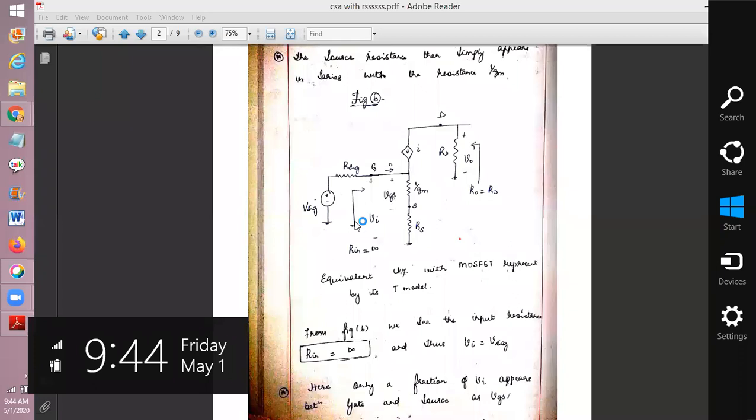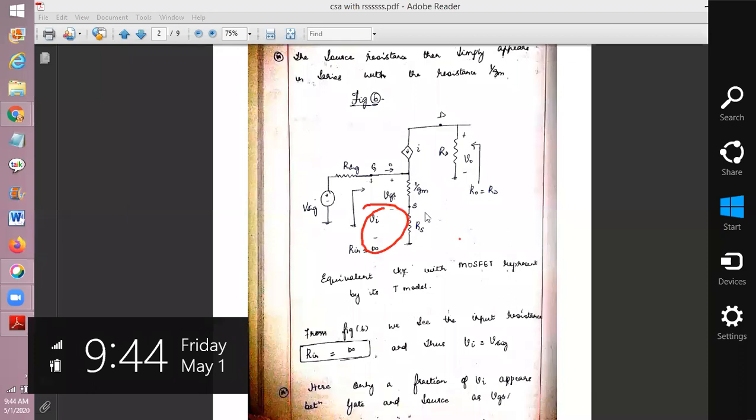Please take a pen and paper and note this. Vi is the input voltage, from gate with respect to ground. Vi is the input signal. VGS is the voltage between gate to source. Vi is from gate to ground, and VGS is the voltage between only these two points, from here to here.